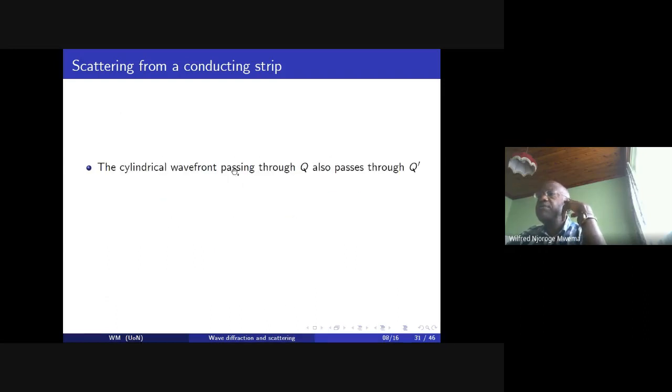So the cylindrical wavefront that is passing through Q will also be passing through Q prime, where Q prime is at this conducting strip.